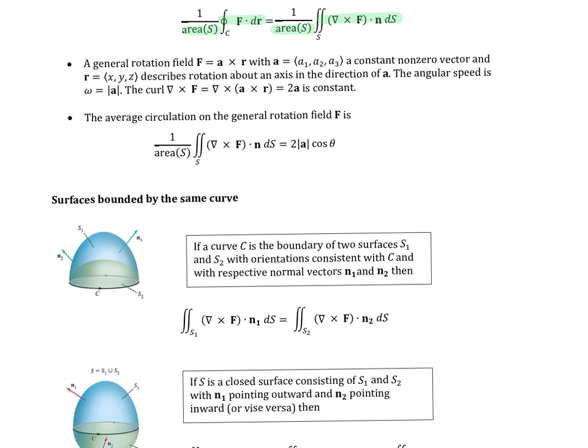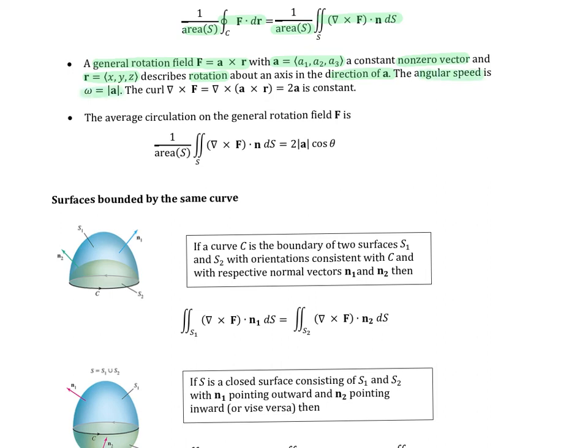Previously, when we talked about circulation, we also talked about a general rotation field. Still the same here. So if you take a rotation field and you write it as A cross R, A is going to be a constant vector that's non-zero, and R is going to be the vector x, y, z. Then the circulation or the rotation is going to be in the direction of our vector A. And we had talked about angular speed previously.